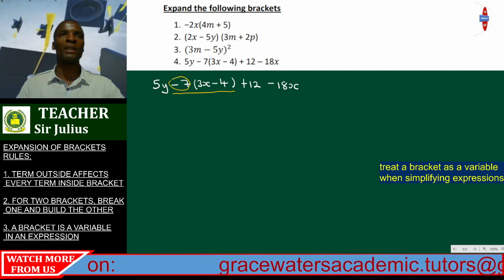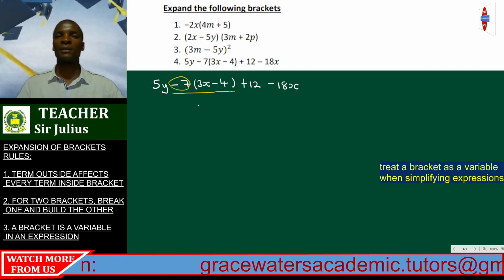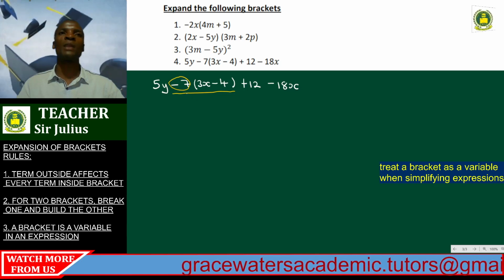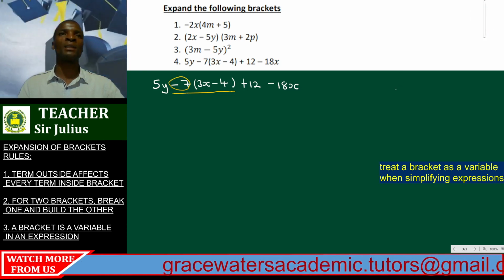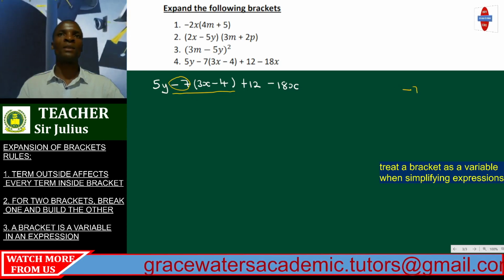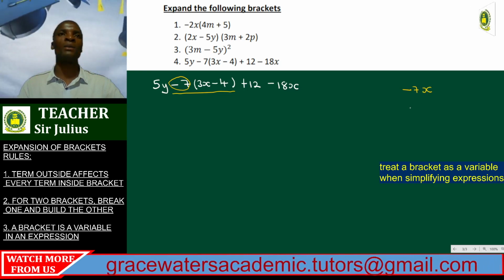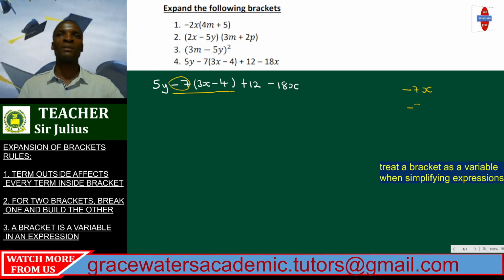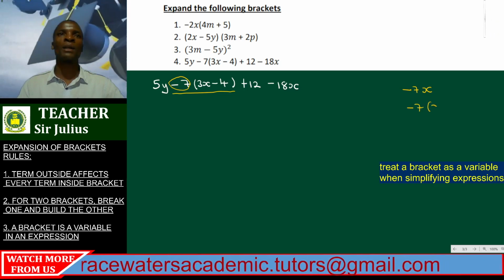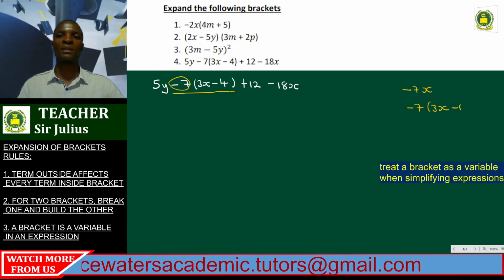Do not forget also to take the sign. So we take it as negative, in the same manner we take negative 7x, and we take also negative 7 into our bracket 3x minus 4.